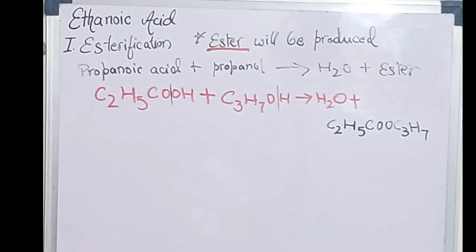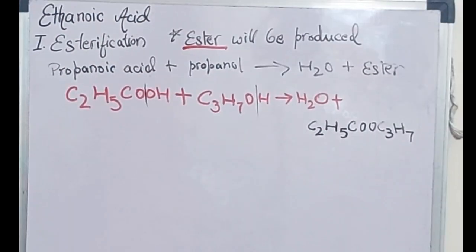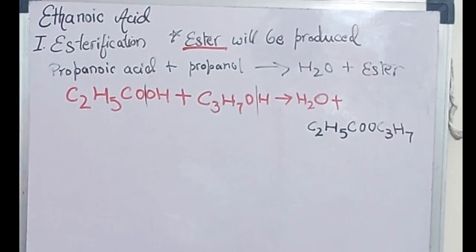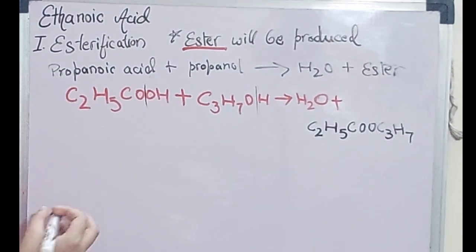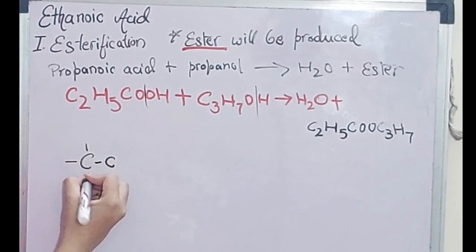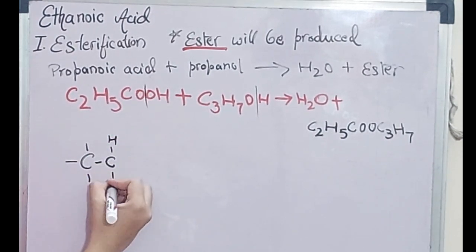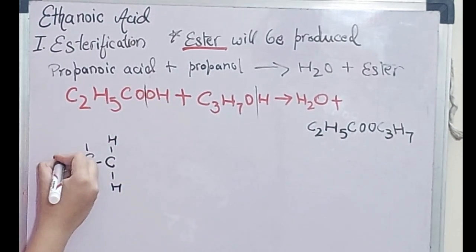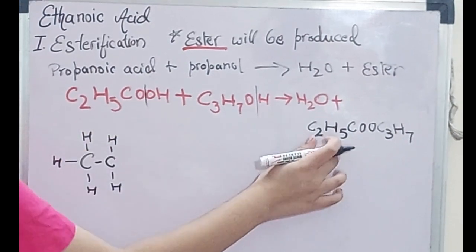Now, try to draw the structure for ester. So the structure will be 2 carbon first, completing the valency, 5 H, C2H5.